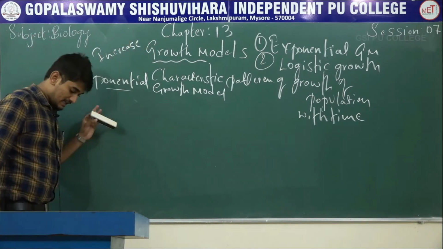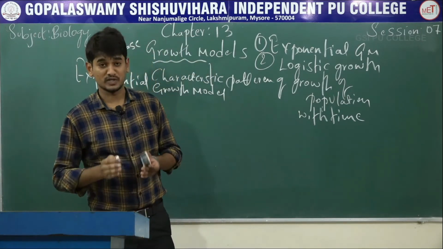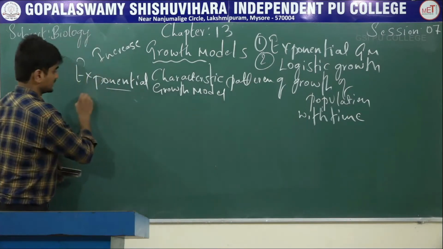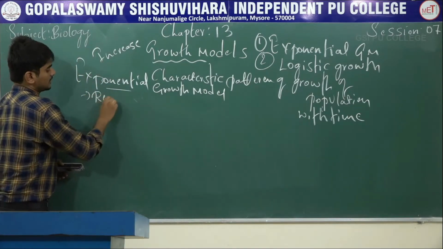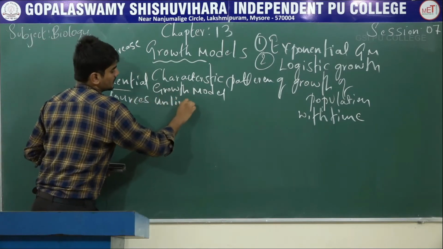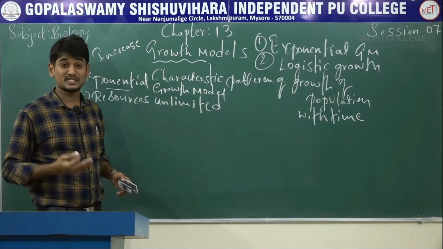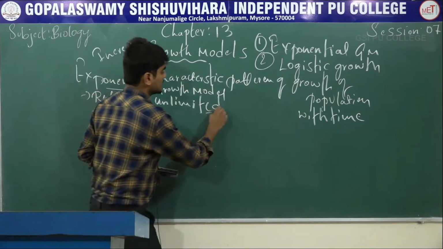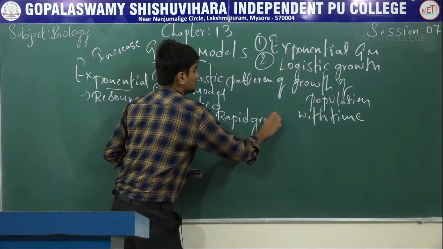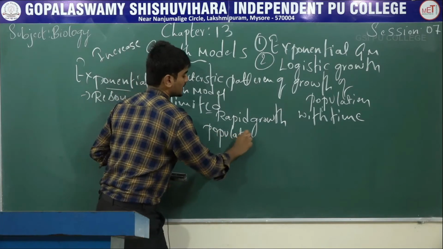In this model, the resources in the habitat, which may be food or space availability, are unlimited. So rapid growth takes place in the population because of unlimited resources.